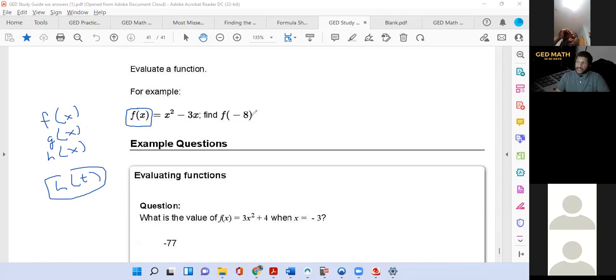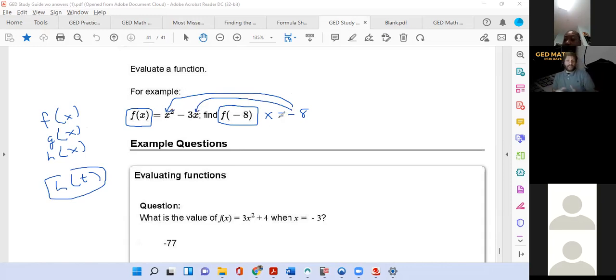So in this case, they gave it to you in one nomenclature, how to name it or how to display it, f of minus 8. What this is really saying is x is equal to minus 8. And you're going to plug x is minus 8 into each value of x. Guaranteed, you're going to have to probably do that. I can almost guarantee you have to probably do that 2 or 3 times on your exam.